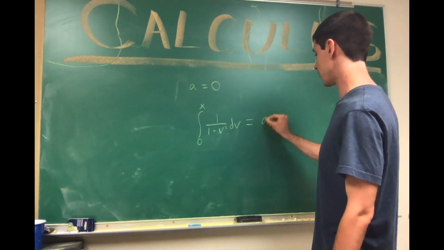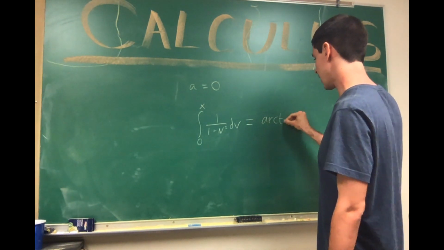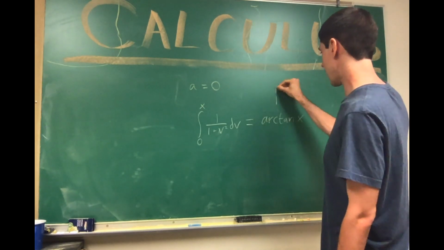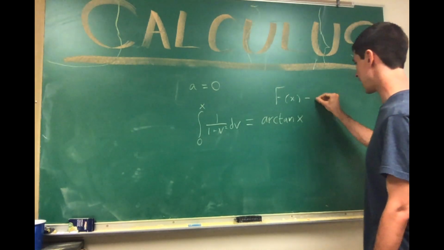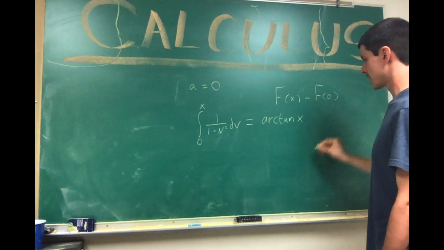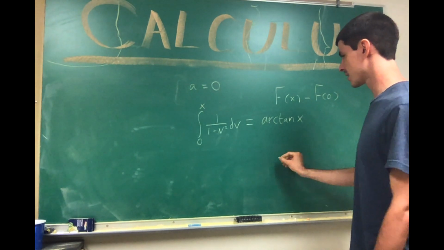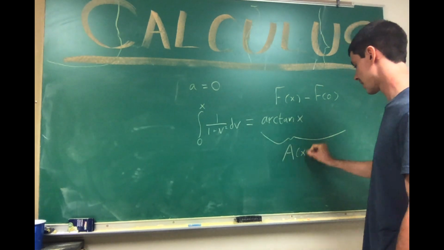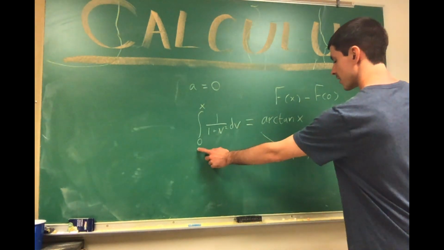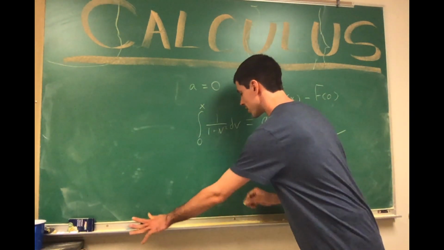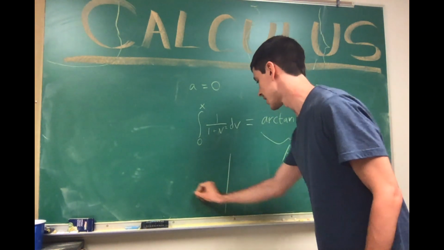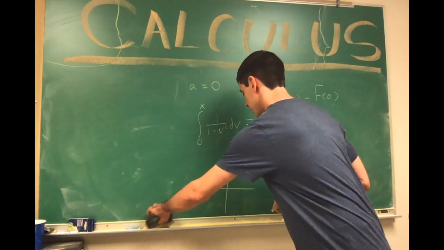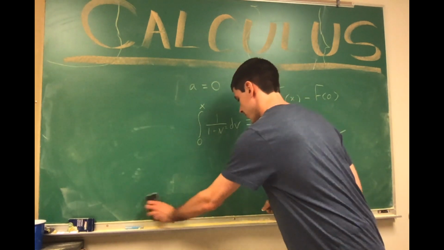It's the derivative of arctangent x. So F of x minus F of a, but a is 0. So this whole term is going to be what I've been calling A of x, the area under the curve from 0 to x. So whatever, I'll draw a picture just to emphasize, keep the whole conversation grounded.